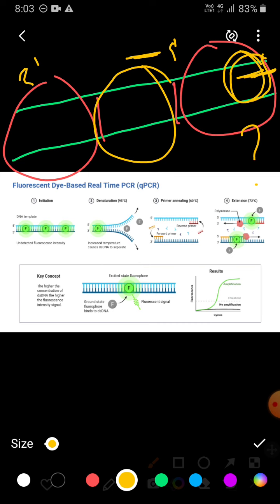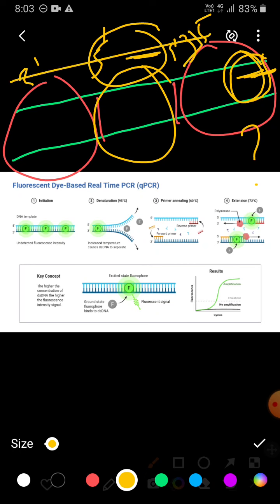Okay, and our plan here is not to use that probe for polymerization as we do in most of the PCR techniques. Here the role of the probe is quite different.